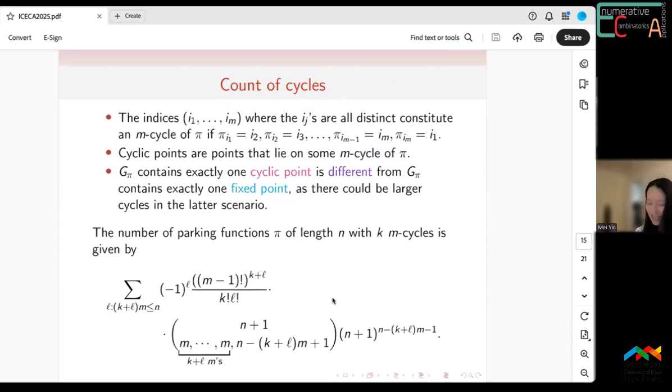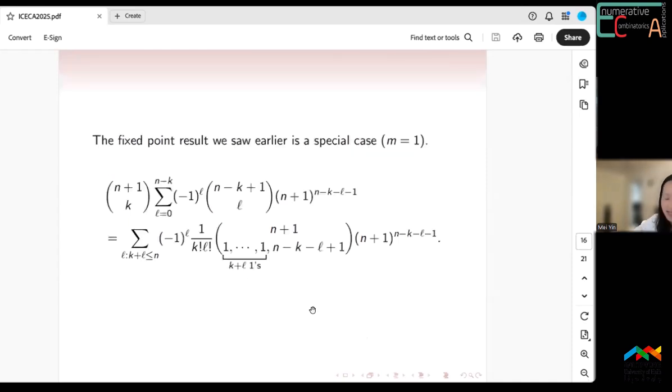A cycle just means a cycle in the digraph representation of the parking function. I also want to point out that the fixed point formula we saw earlier is a special case of this. Even though at first sight it doesn't look like a special case, if you manipulate the formula a little bit, it is.